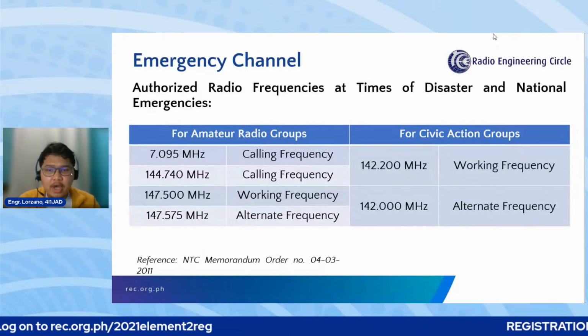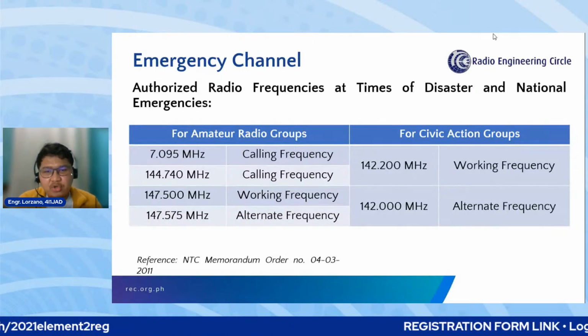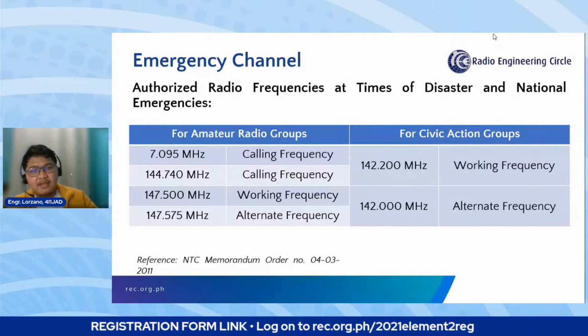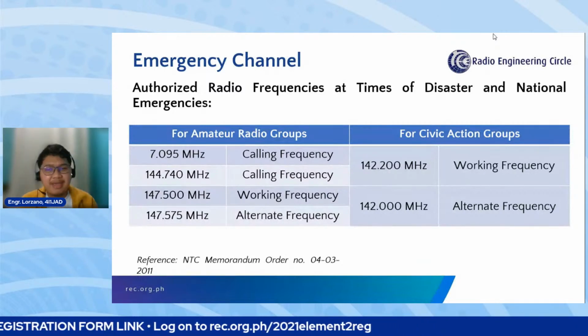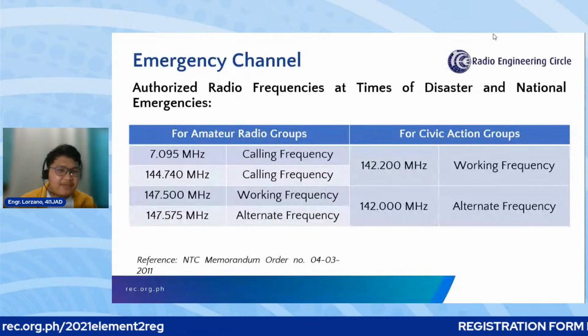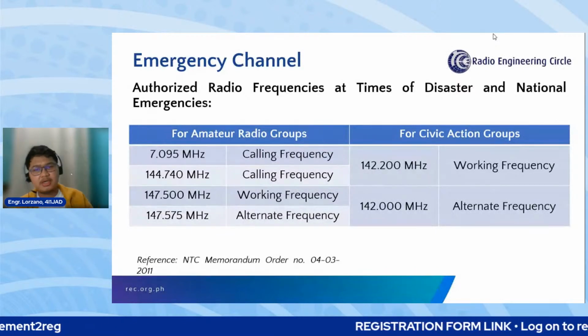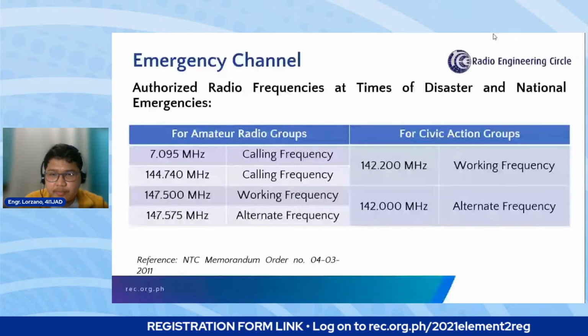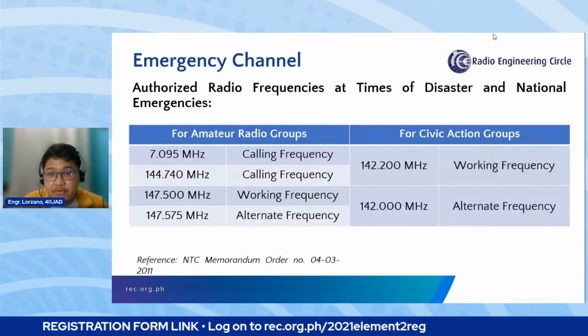So, ano ba yung mga emergency channel natin? So, the authorized radio frequencies at times of disaster and national emergencies are the following. So, merong magkaiba yung para sa amateur radio groups and para dun sa civic action groups. Okay? So, sa amateur radio groups, meron tayong 7.095 megahertz.